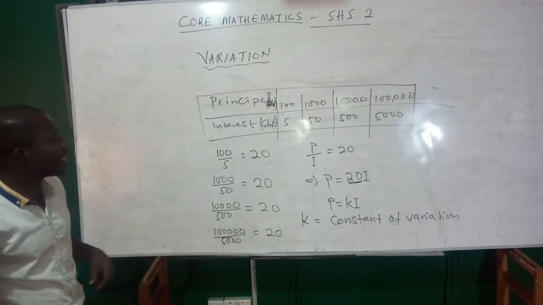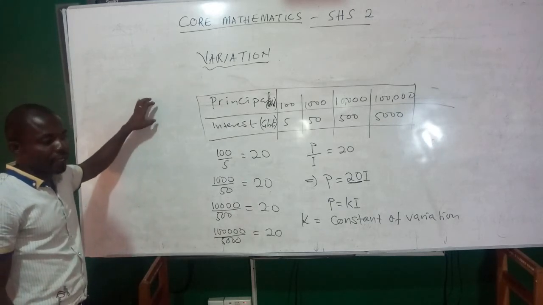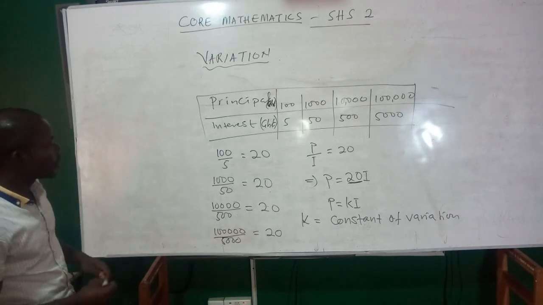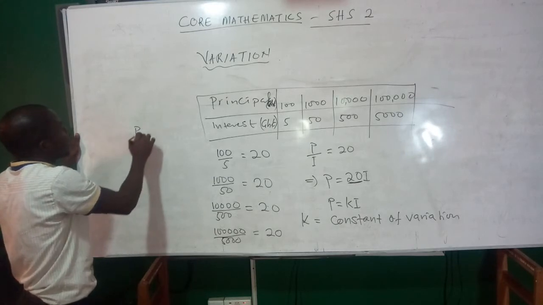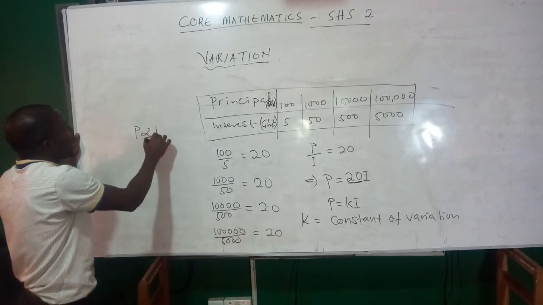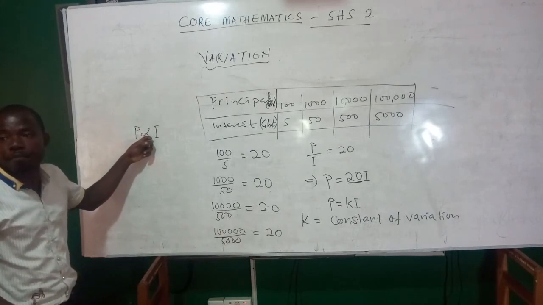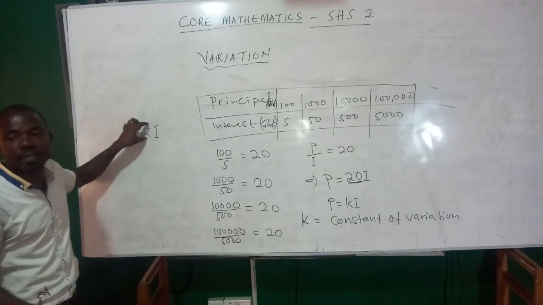Let's go back a little bit. When we were writing the mathematical statement or the symbolic statement, for example, P is directly proportional to I, we had this symbol here. And when we are working mathematically, we can't work with this.